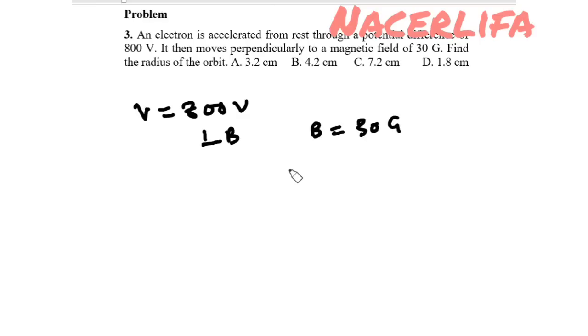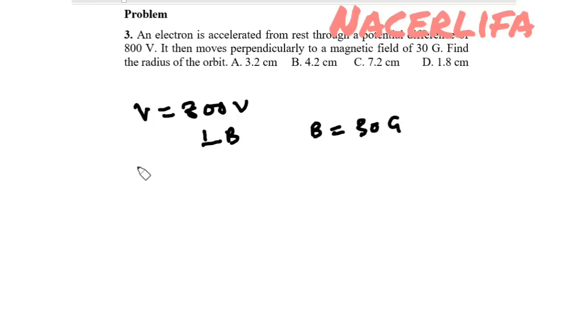Find the radius of the orbit. So if it's moving and is orbiting, how do we find the radius of the orbit? Of course, remember that this is an electron.